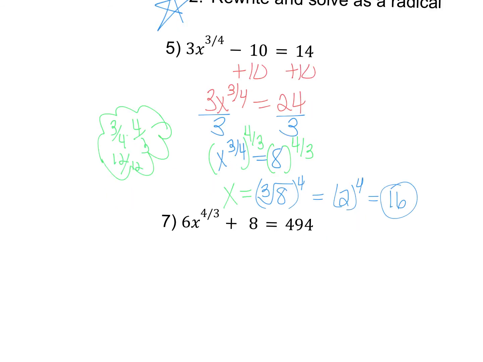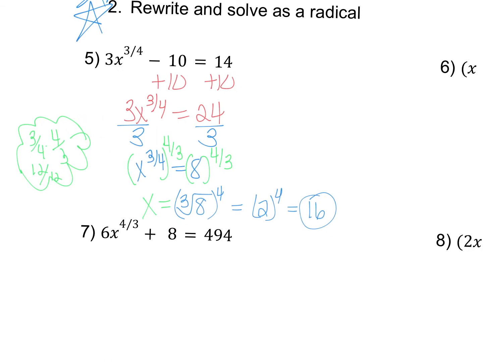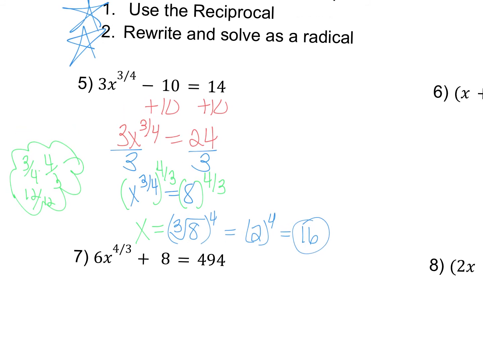Okay, and just like yesterday when we did these, we want to make sure that we always check that the solution is actually going to work. So we want to go back and put it into our original equation to make sure we're not having any funky answers. So we'd say 3 times 16 to the 3/4 minus 10 equals 14.